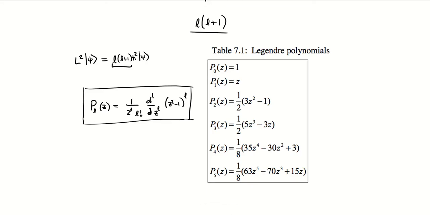If you integrate over all z the product of any two of these, you get 0 if L isn't the same for both functions. Sorry, I got a bit tongue-tied there. And we expect that, because these are solutions to a Hermitian operator, so we expect them to form an orthogonal set of vectors or functions.